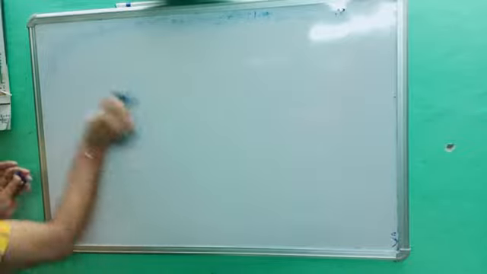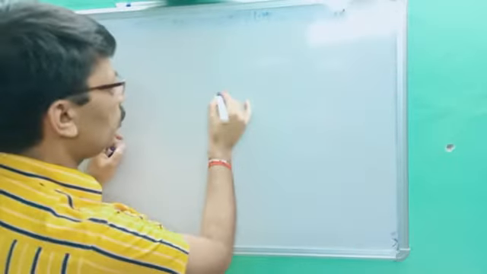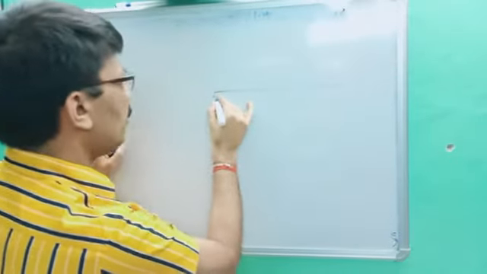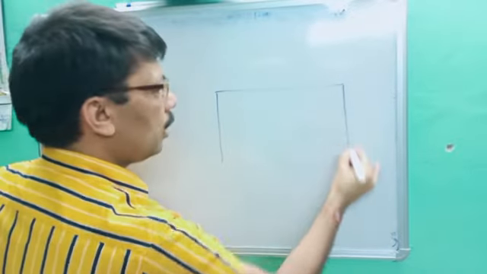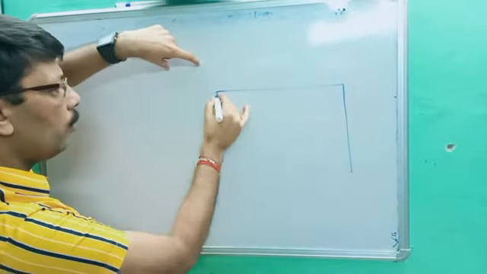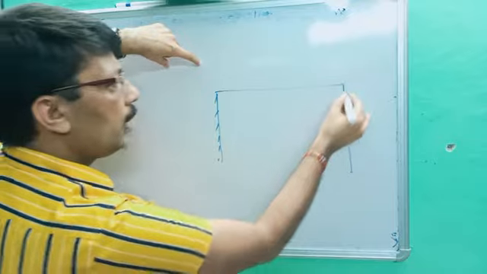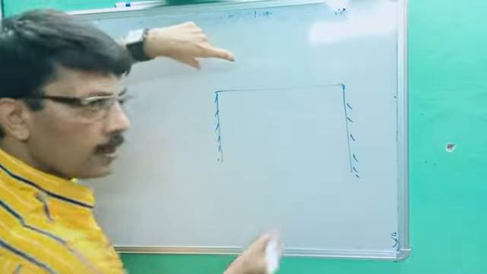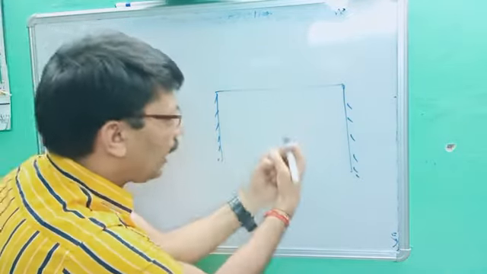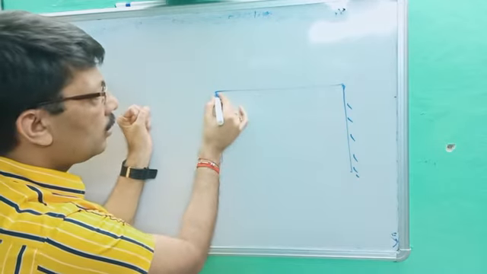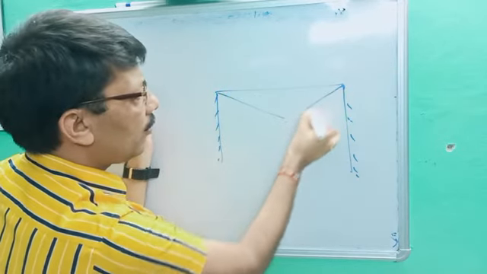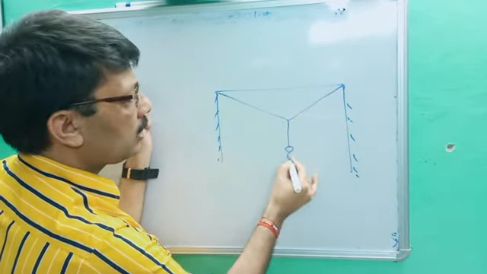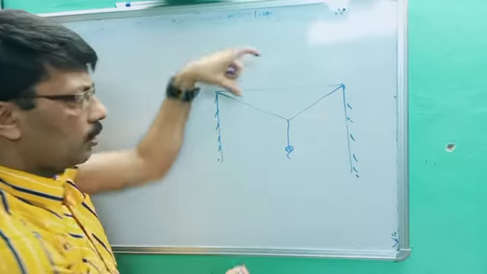Now we are going to do something extra. Let's suppose I have created a critical problem for you, a question asked many times in competitive exams. Let's suppose a wire is tightened between two pillars, and if a monkey hangs, then what happens? Your wire becomes like this. This is the monkey hanging on the rope.